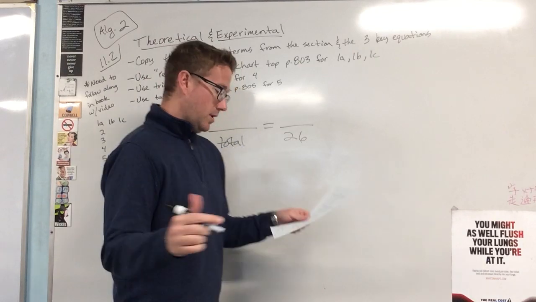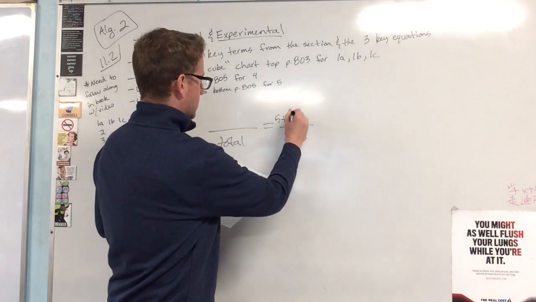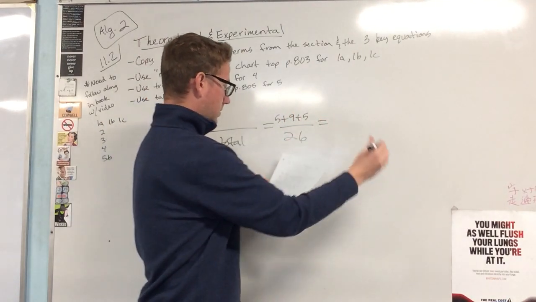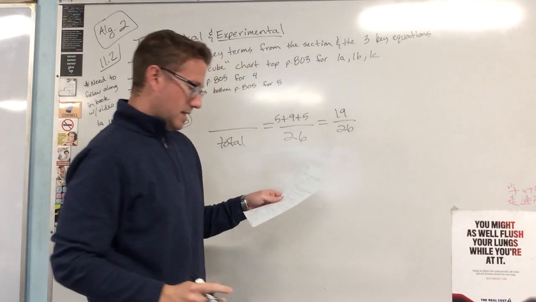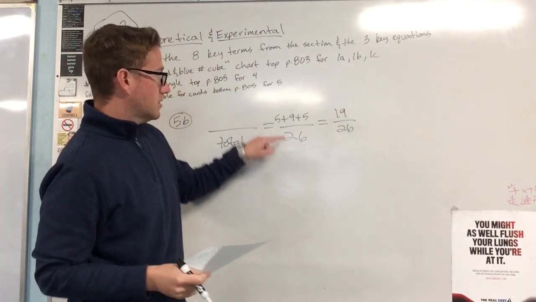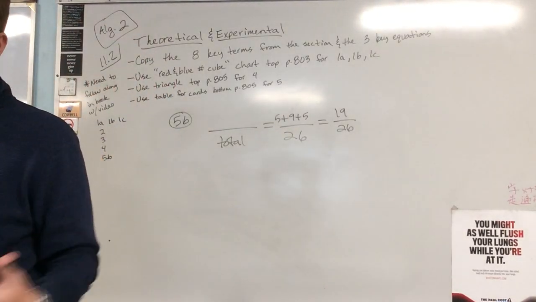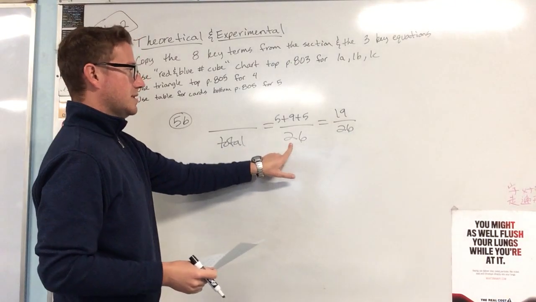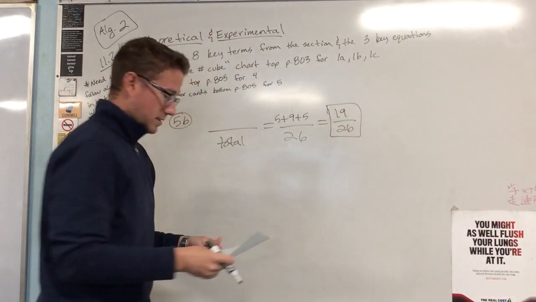Not a club, well, that's going to be 5, 9, and another 5 for a grand total of 19 out of 26. So these are the cards that are not a club, and the total number of cards that were picked was your 26. So that's how we get the 19 over 26.